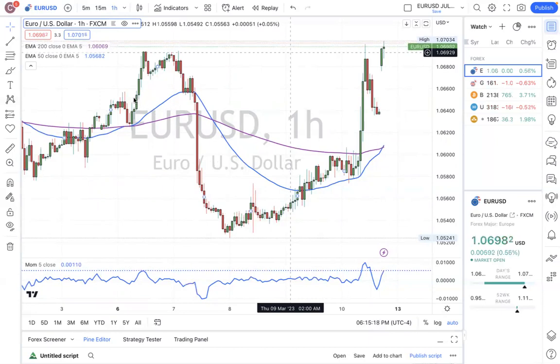So that's one way to use it for a sell. And a second way, for a buy, you would want to see the candles crossing above both of the EMAs, preferably some rejections at the bottom. And you want to see your momentum line crossing up or above zero.